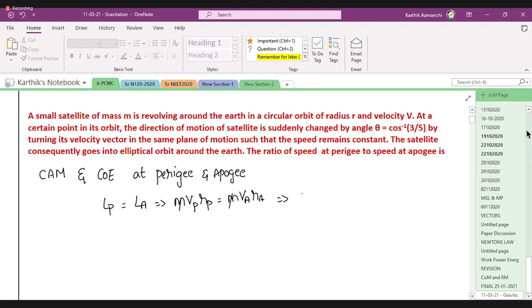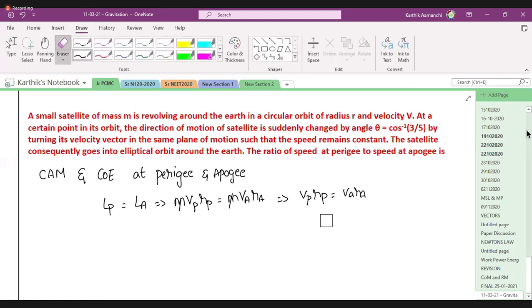So let's leave it like that. So v1 r1 is equal to v2 r2. Let this be your equation one. Oh wait, the angle is given, no? Cos inverse of the angle is given. The tangents are negative, no?